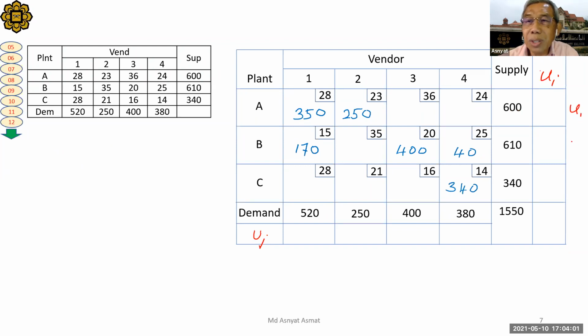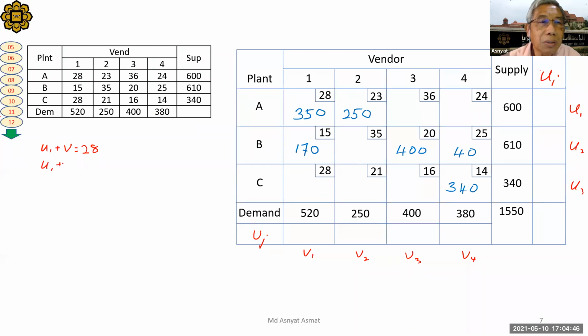You are going to find U1, U2, U3, and V1, V2, V3, V4. How to do that? Can we remember? U1 plus V1, we look at this one. U basic cell, U1 plus V1 equals 28.